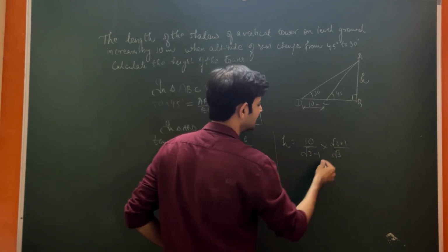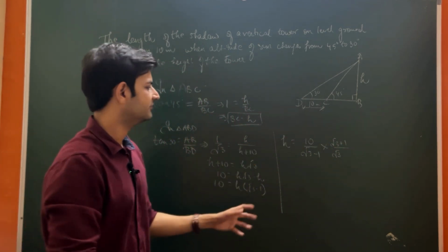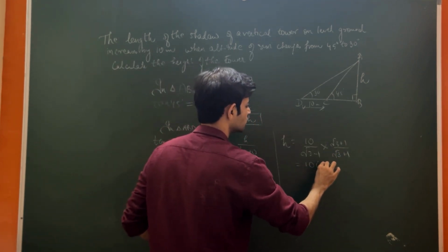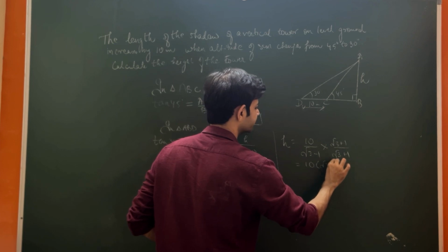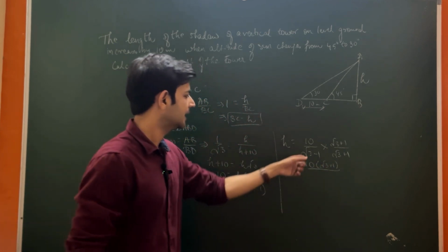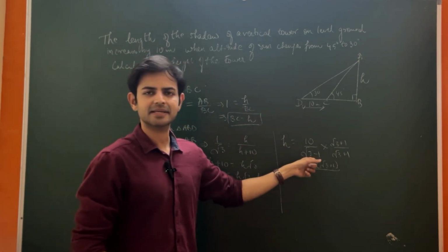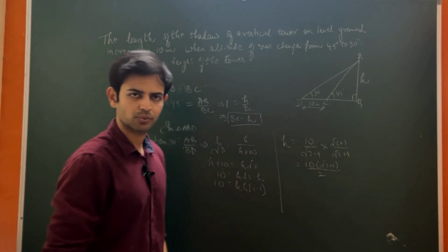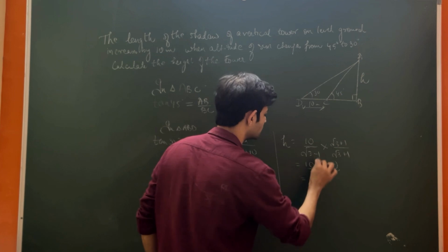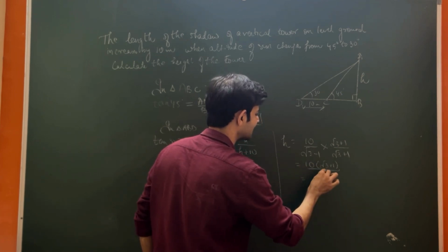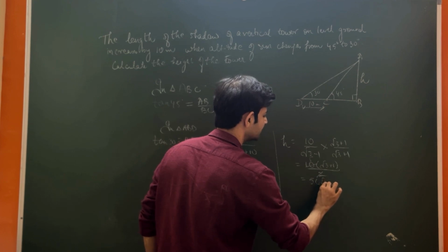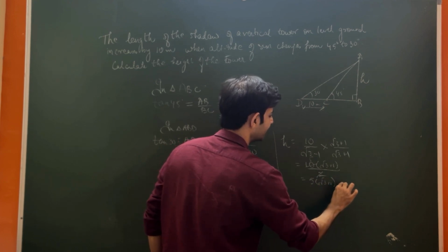Because we don't keep irrational denominators, we have to rationalize the denominator, making it 10 into root 3 plus 1 upon a plus b into a minus b. So it will be 3 minus 1, which is equal to 2 here. So I can write this as 5 into root 3 plus 1 meters.